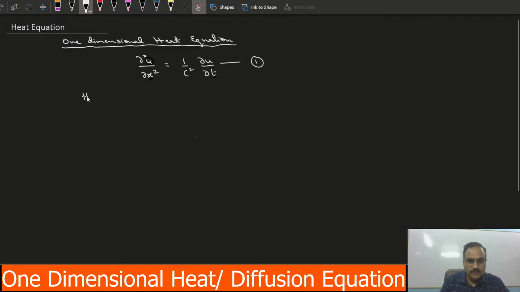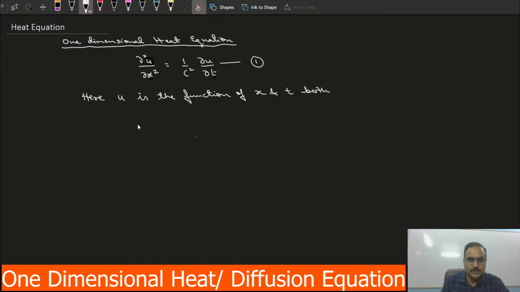So here u is a function of x and t both.